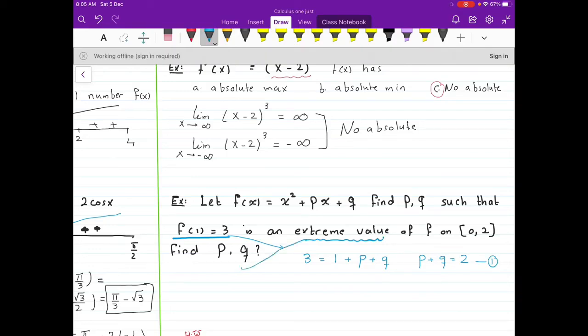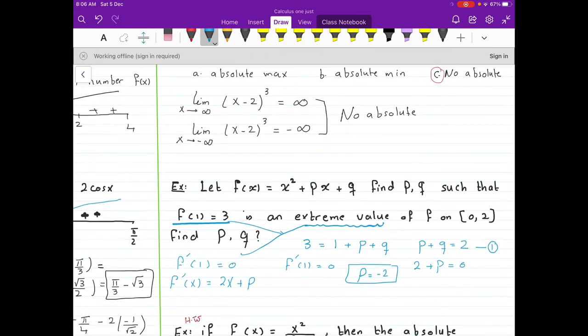So from this condition I conclude that f prime at the point 1 equals 0. That means f prime of x equals 2x plus b. So the second equation is f prime of 1 equals 0. So we get 2 plus b equals 0, so we get the value of b equal to minus 2.